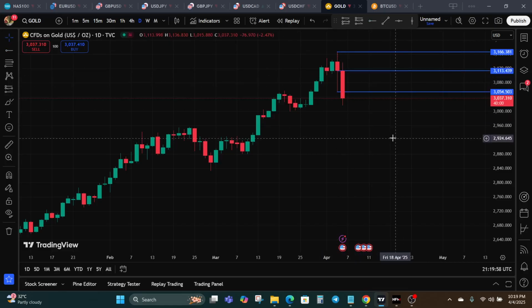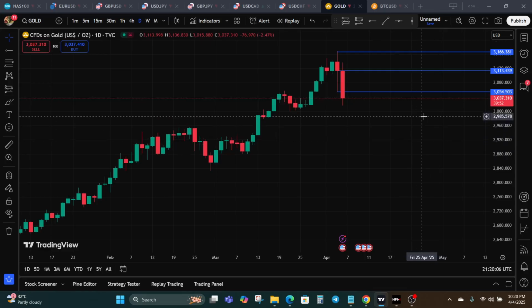So they create key levels like the central pivot point, support levels, and resistance levels. These levels act as dynamic zones where price tends to react, either reversing or breaking through.